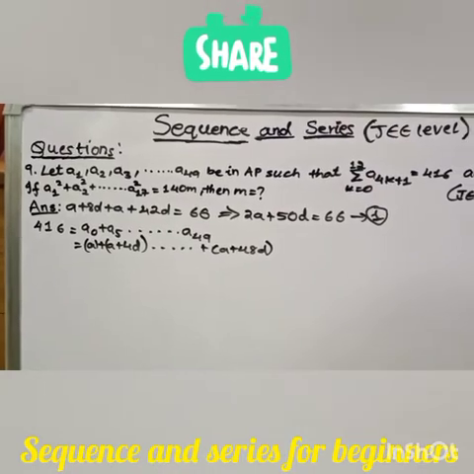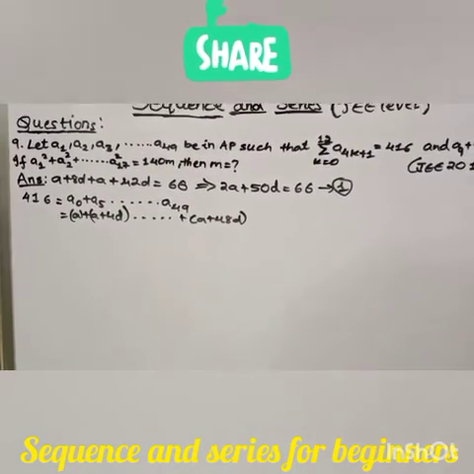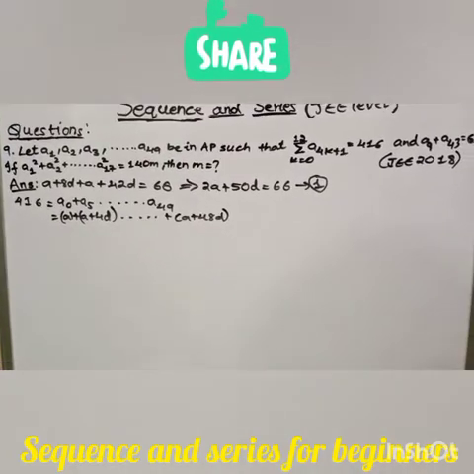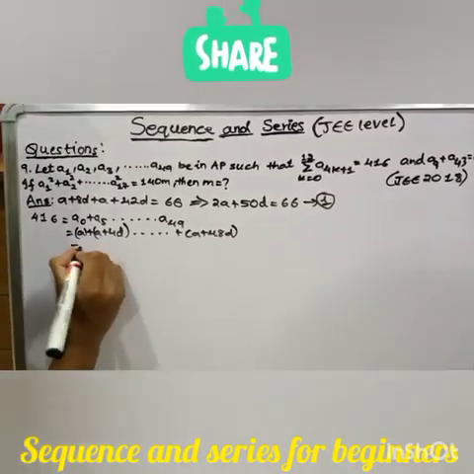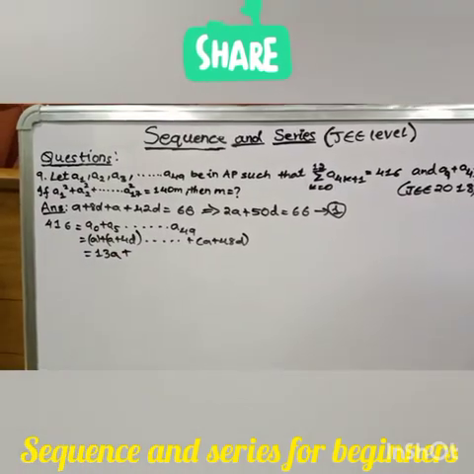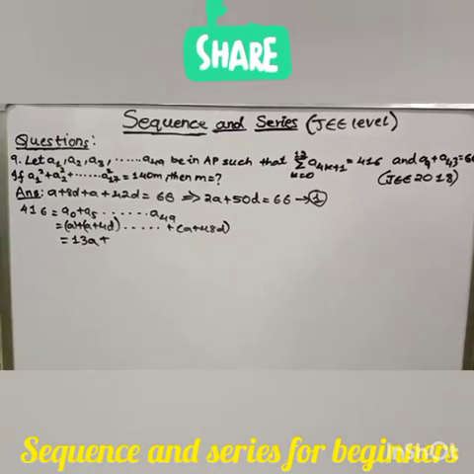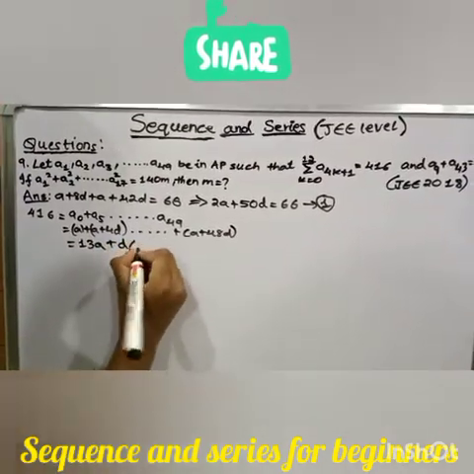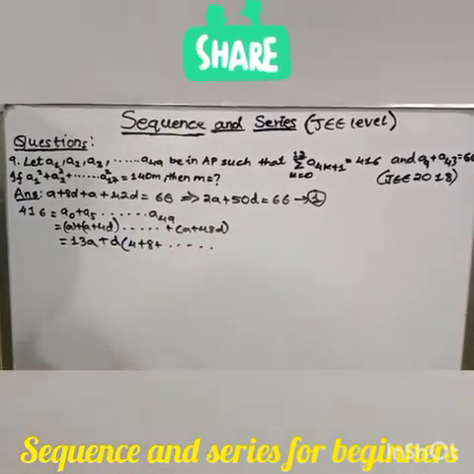Okay, so there are going to be 13 terms. So we can take 13a, plus d times 4 plus 8 plus so on until 48.